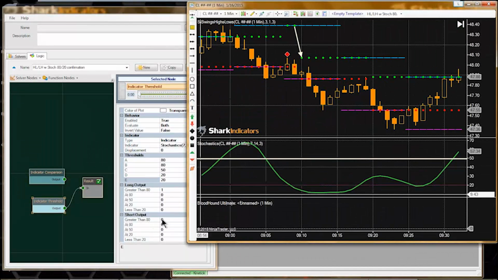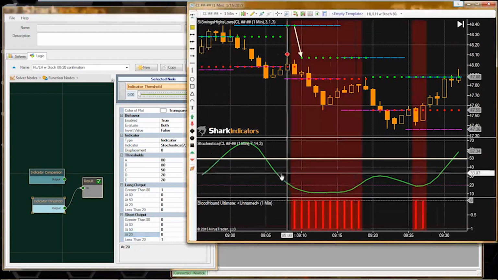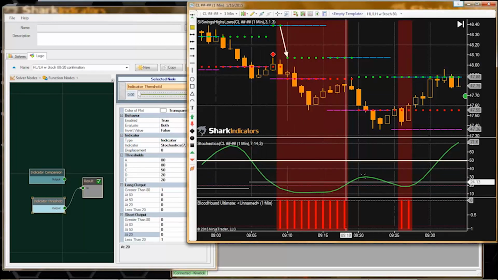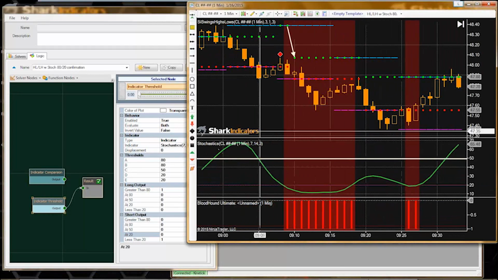Now the next thing we need to do is set up our short output. We're only interested in shorts when the stochastic is below 20, so we go less than 20 and set that to 1. There we go. Whenever the stochastic is below 20, it identifies that.